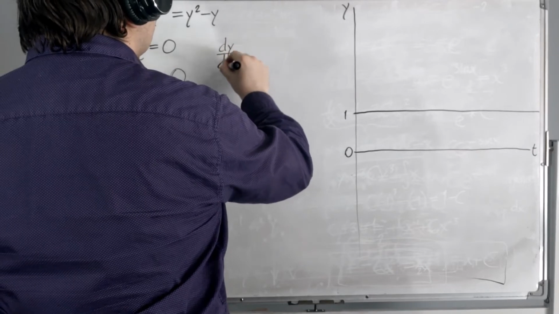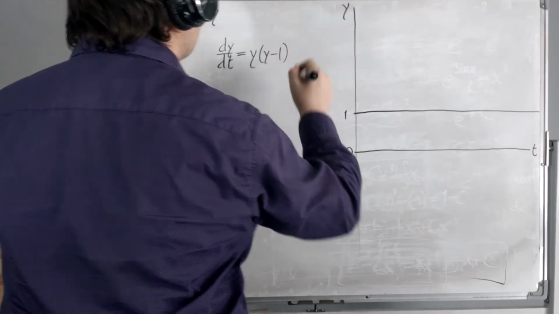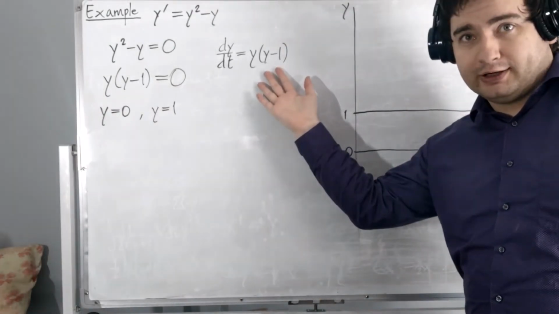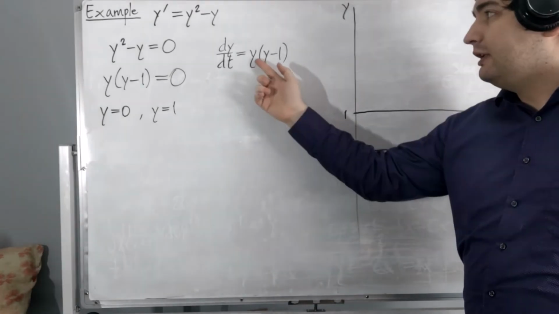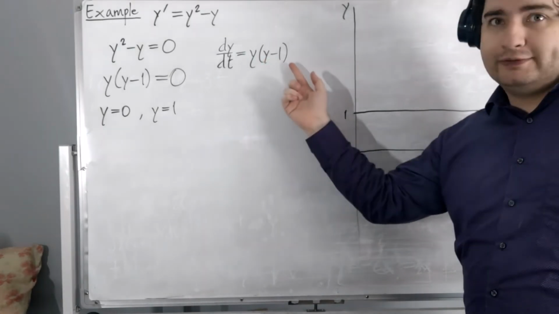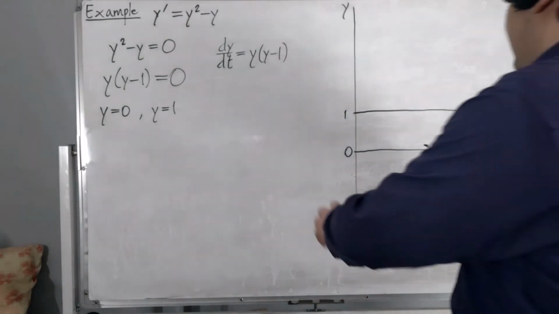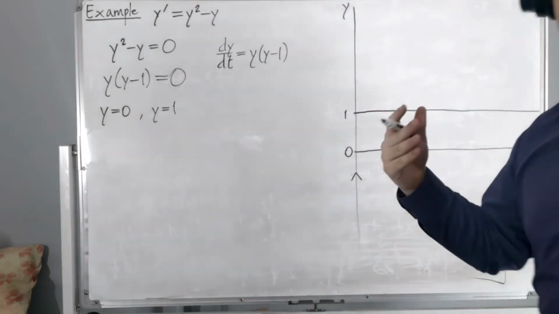Well, dy dt, as we know, is y times y minus 1. So if you take a value less than 0, is this positive or negative? Well, you take one, like negative 1. We have negative 1 times negative 2, that's positive. Okay? So we have an arrow pointing up in the region below 0.